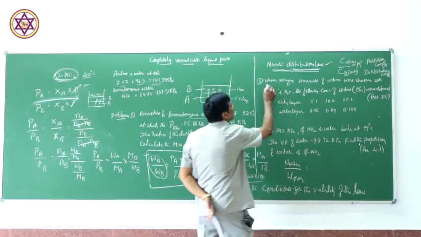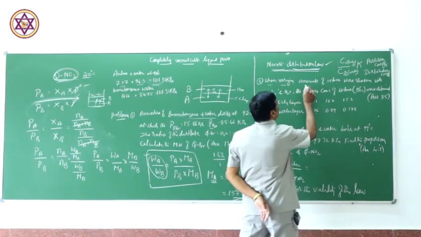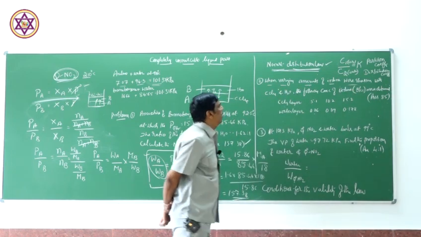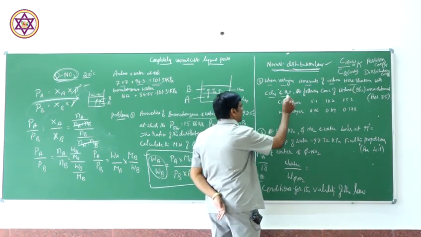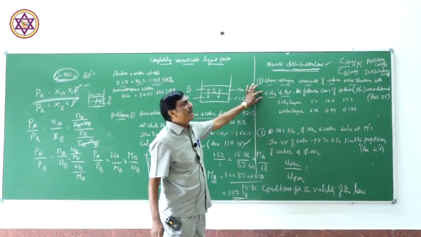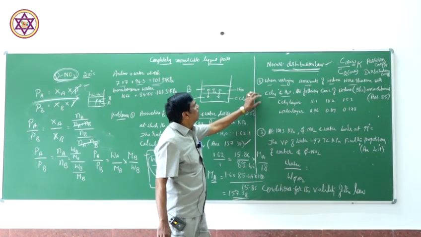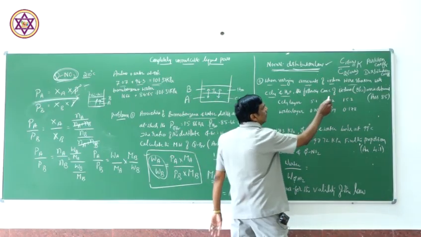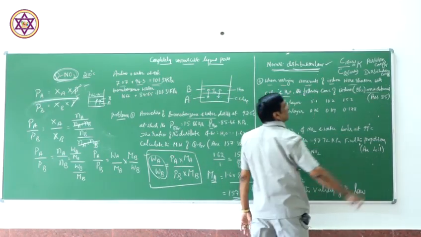When varying amounts of iodine were shaken with carbon tetrachloride and water. So, the same system they have taken here, carbon tetrachloride and water, iodine is added and it is shaken. When the mixture is shaken, the concentrations of iodine were obtained like this.